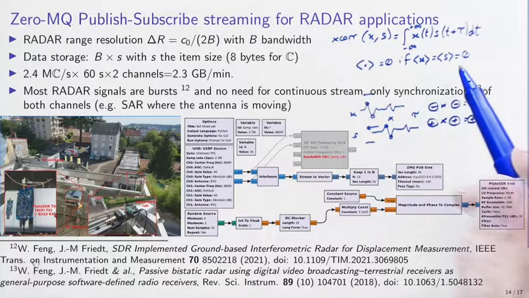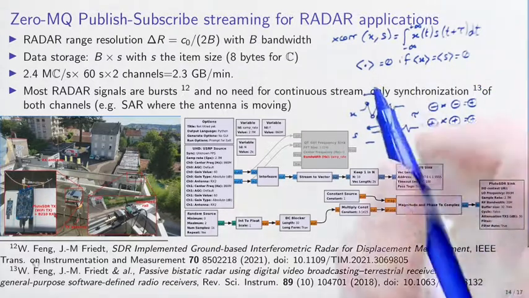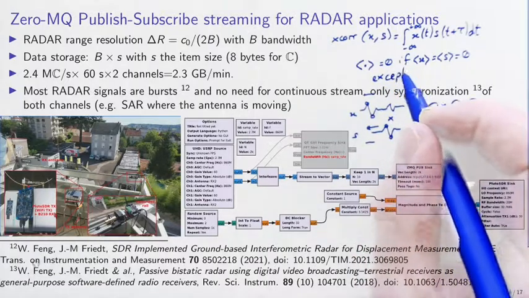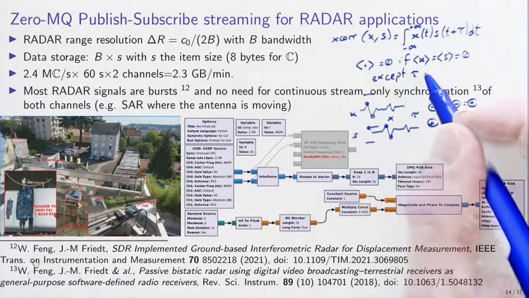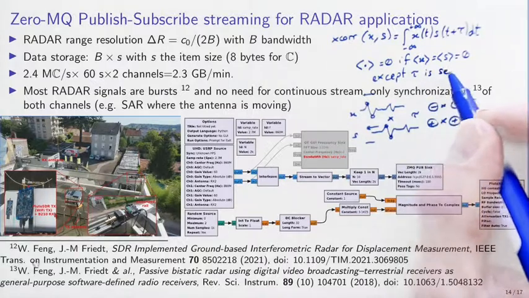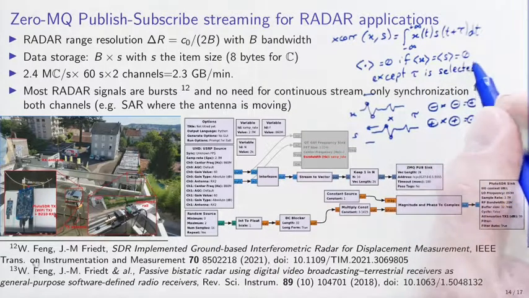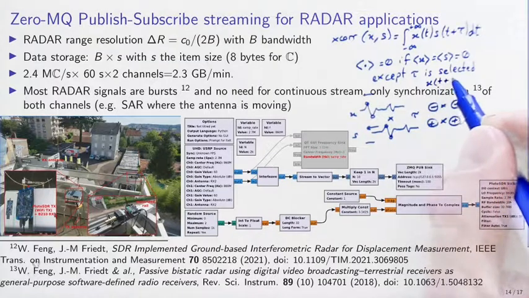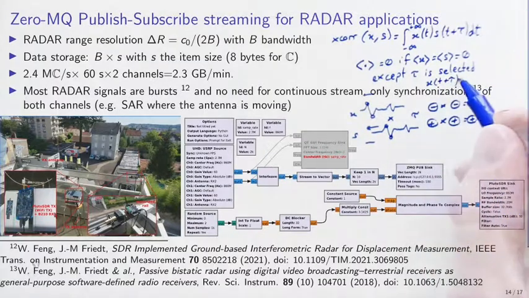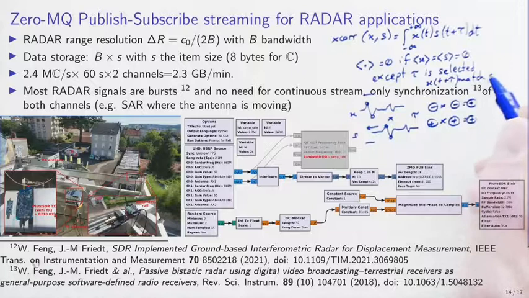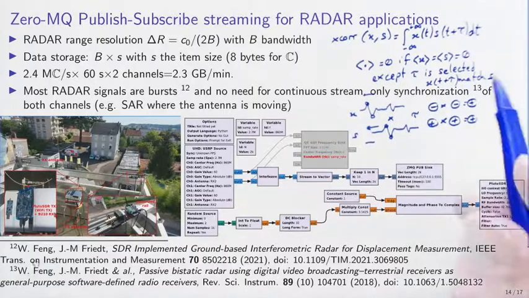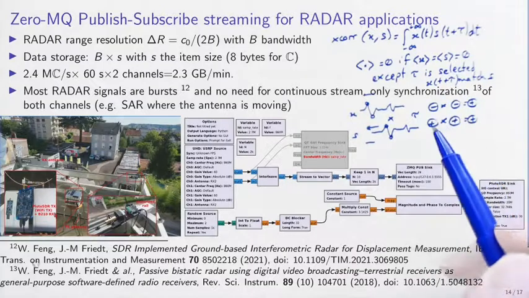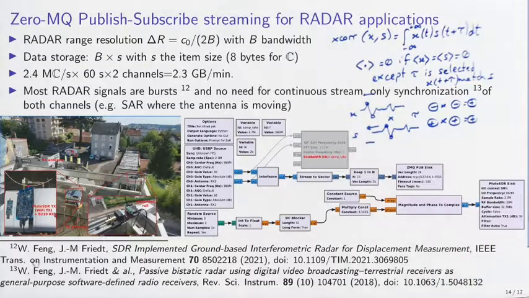This integral will end up accumulating energy if tau is selected so that x of t plus tau matches s. So this is what cross correlation is about: trying to find this time delay tau so that the two quantities match and accumulate energy coherently.